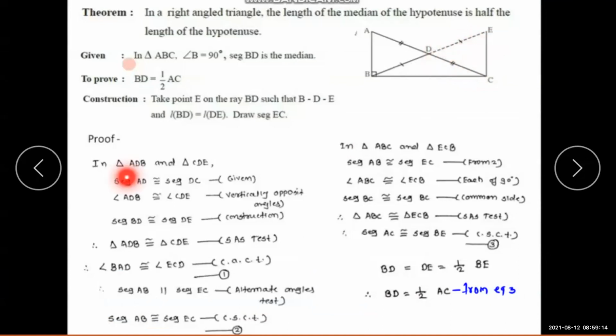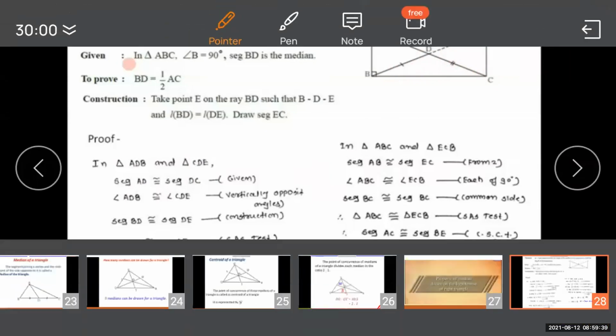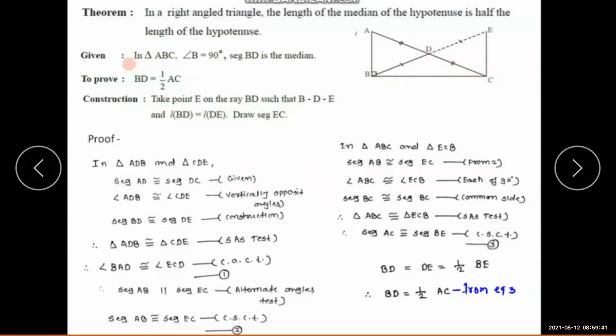So here triangle ADB, this smaller one, and triangle CDE, this triangle. Now we have to show these two triangles congruent to each other. Now we know the different tests of congruency of a triangle. From these two triangles, we can show the congruency markings.